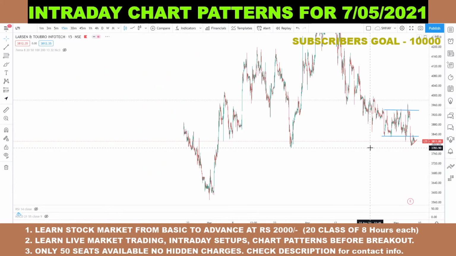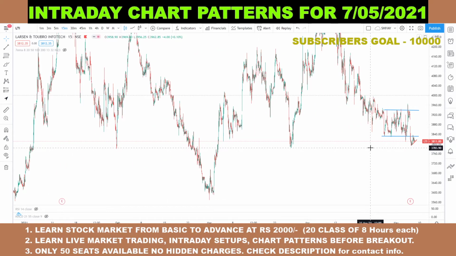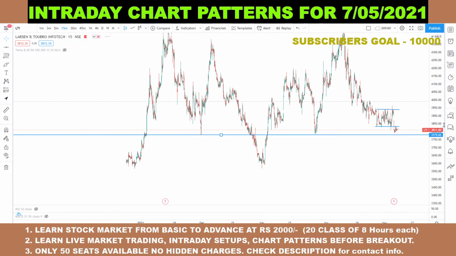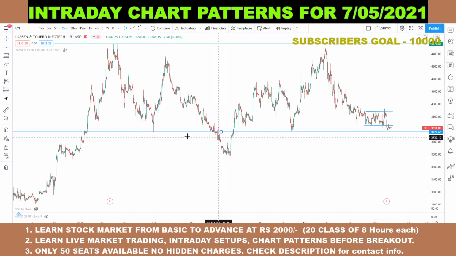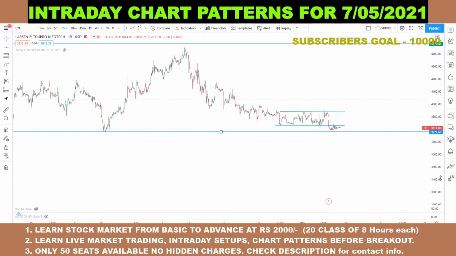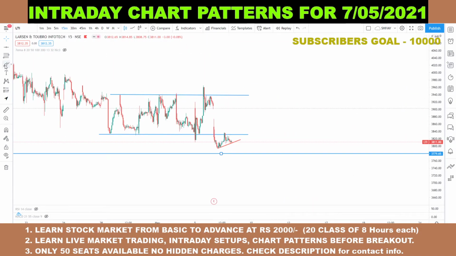No, you should not short this stock below 3790, because the 3790 to 3779 region is a strong support for this stock. So the stock may fall till here, and it may reverse up from this level.